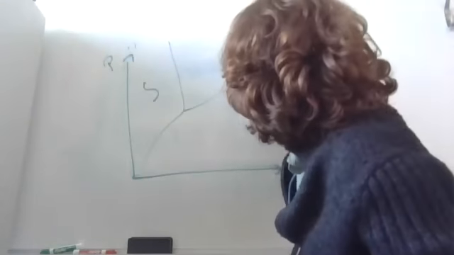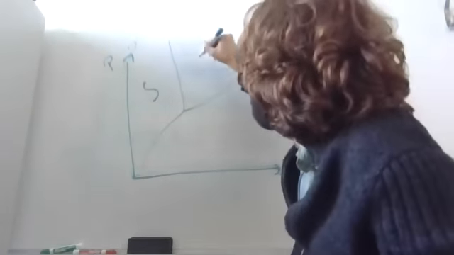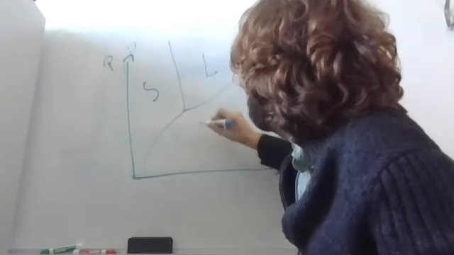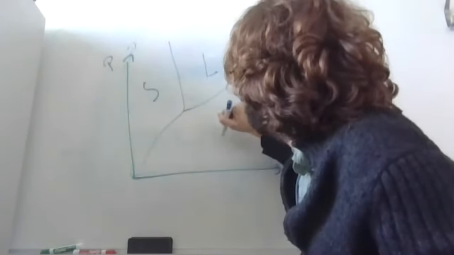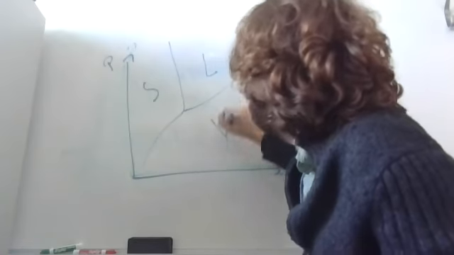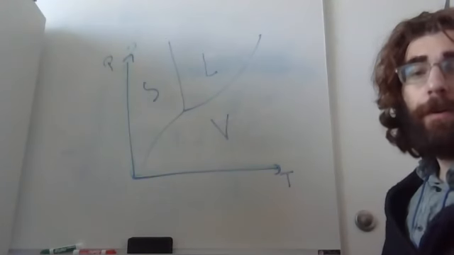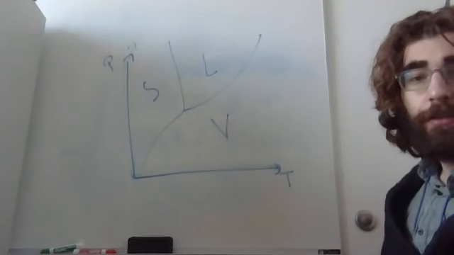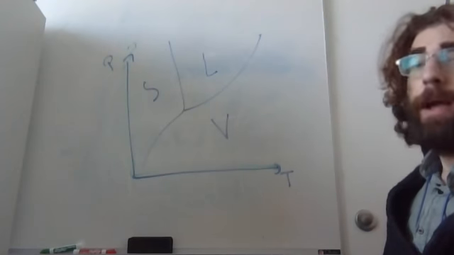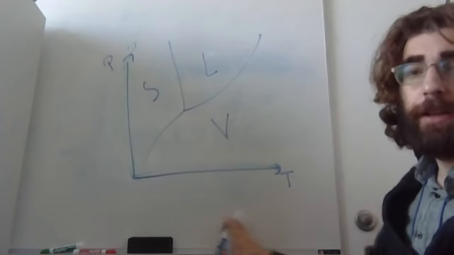Then if we heat it up a little bit, we have a liquid phase. And then here we will have a vapor or gas phase. So this is our phase diagram of water, depending on pressure and temperature.